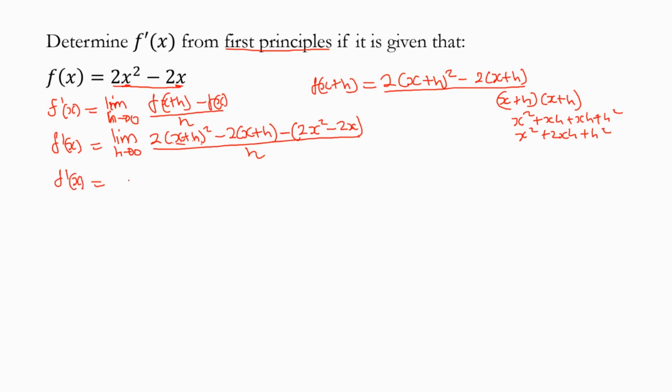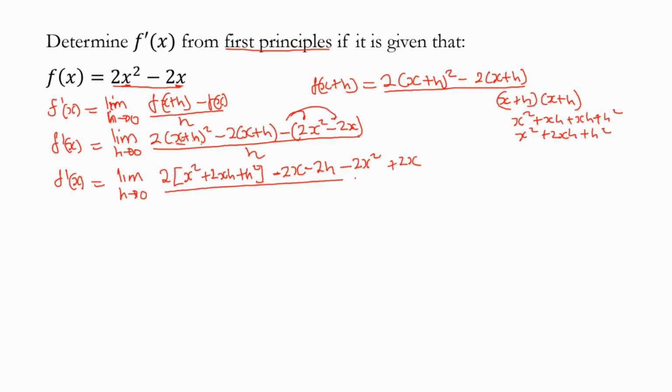f prime x is equal to the limit as h approaches 0 of 2 times x squared plus 2xh plus h squared, minus 2x minus 2h, then minus 2x squared. I'm removing the bracket here, just putting the negative here, then plus 2x, all this over h. Right, let's remove the square bracket.